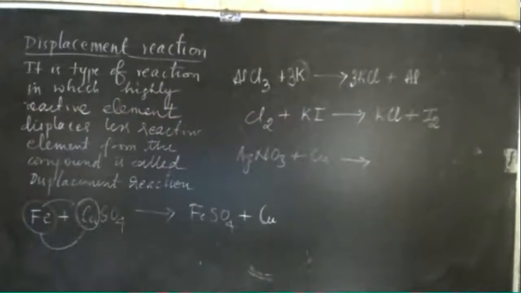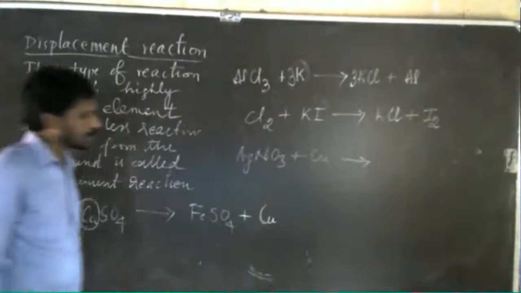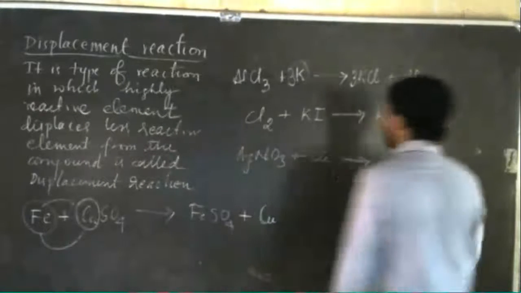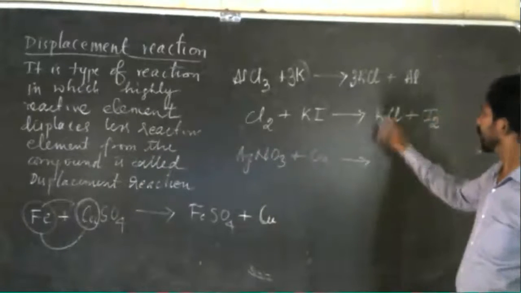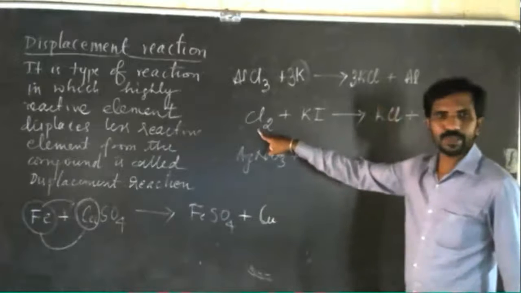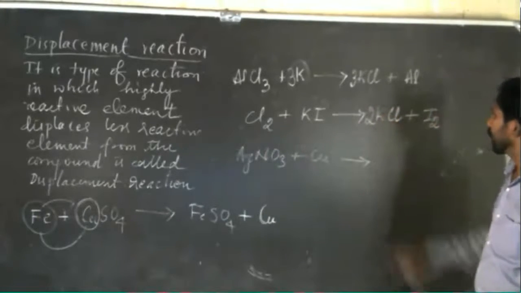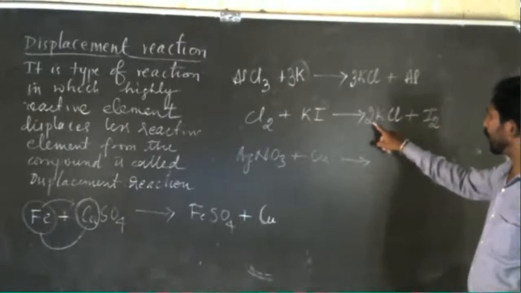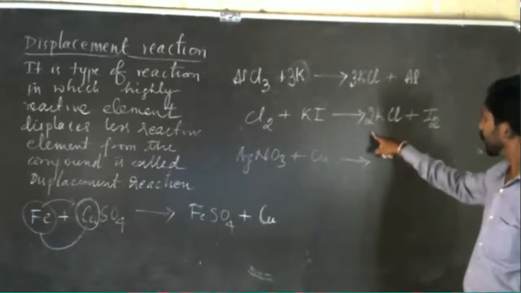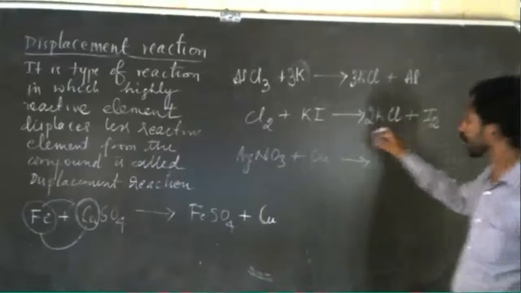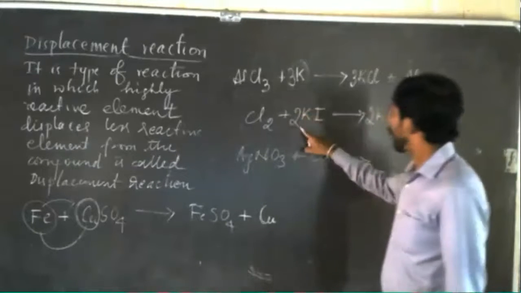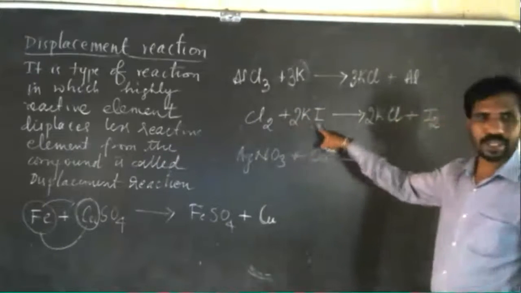So many more examples we can give. Understood? So AgNO3 reacts with copper. Here it is not balanced. Balance it. Chlorine is 2 over here, here it is 1.